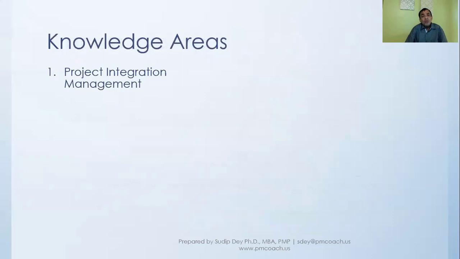The first one we'll look at is project integration management. As the name suggests, processes in this project integration management knowledge area will really integrate processes across all the other knowledge areas in this particular process group.